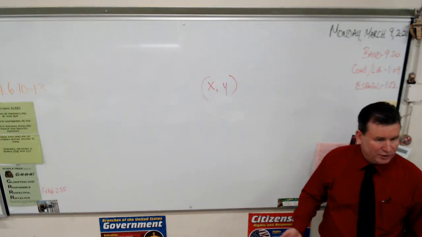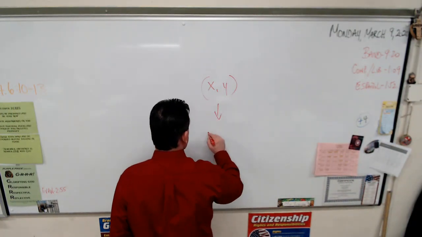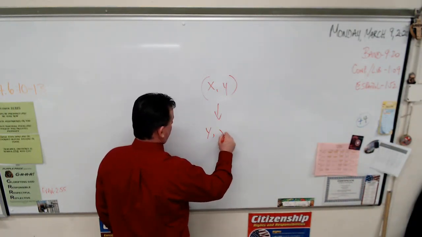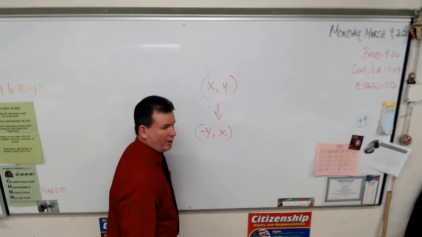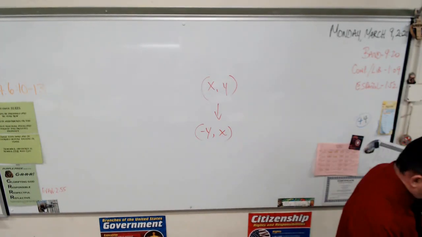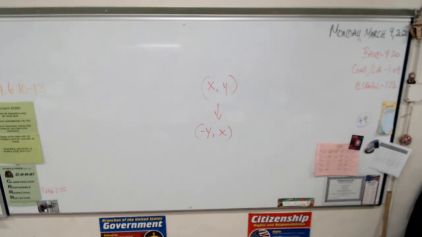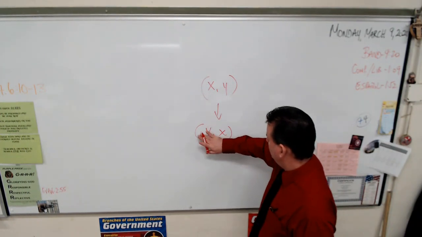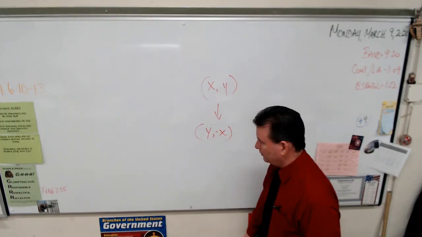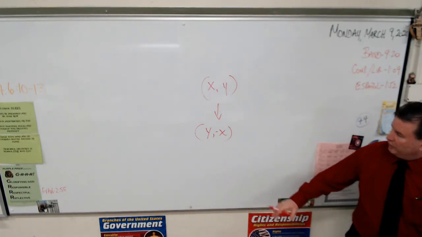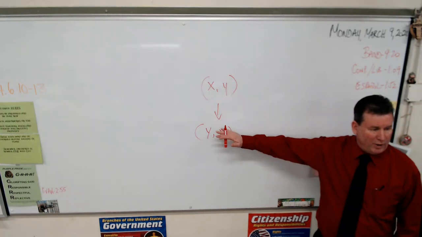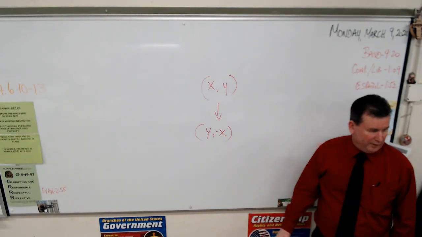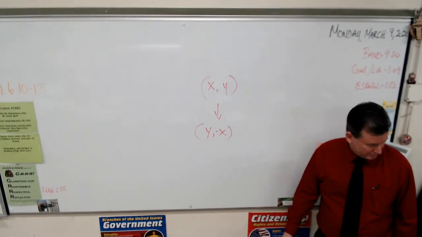You're going to switch the coordinates and multiply the new y by -1. Sorry, this would be the new y. You're going to switch them and multiply the new y by -1. Let's test it.